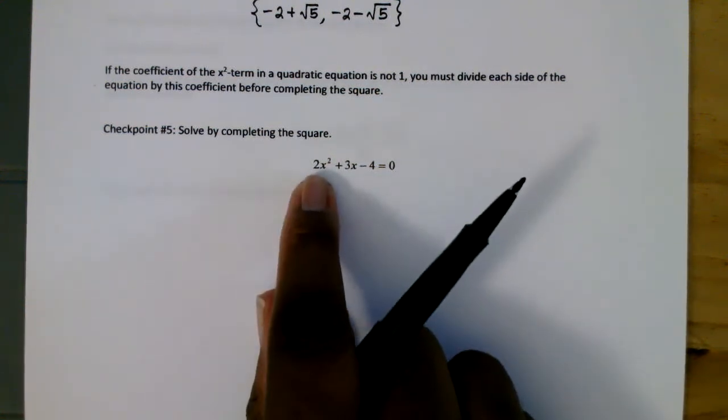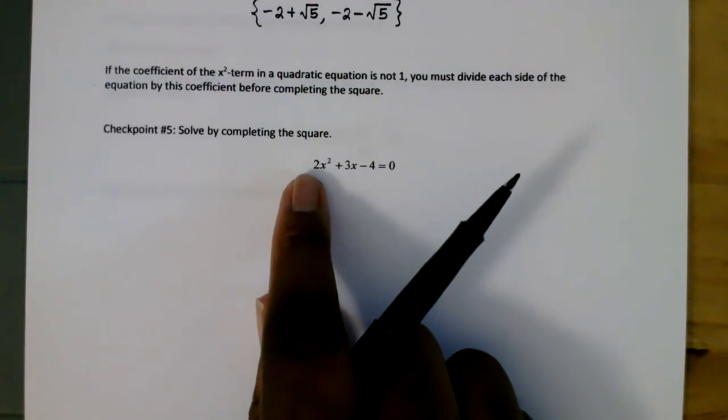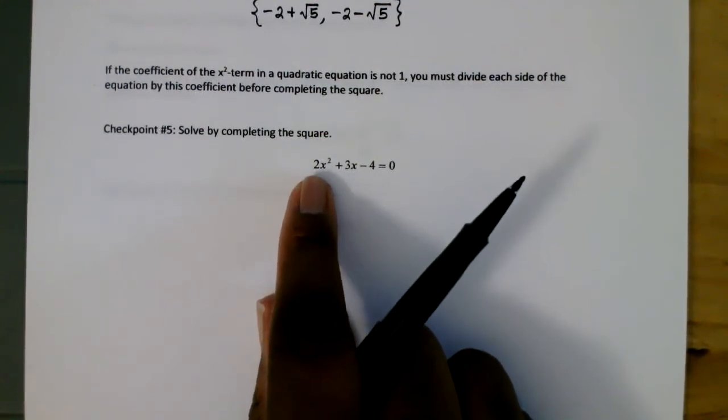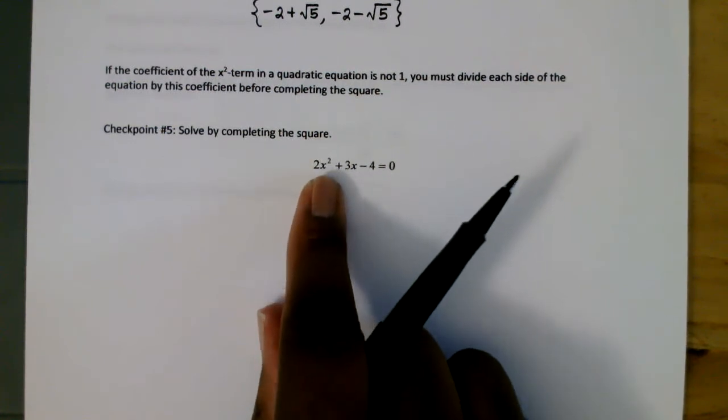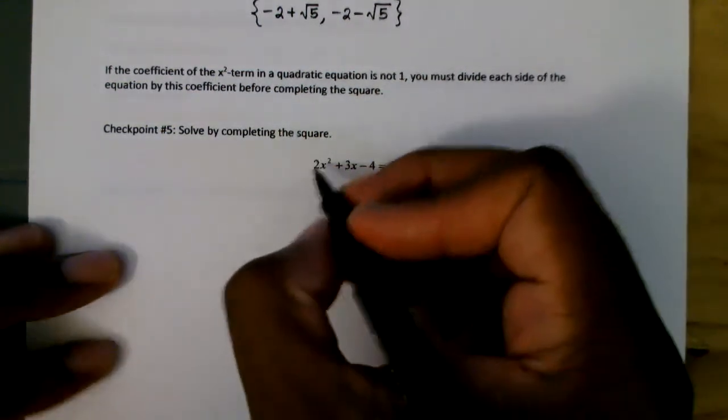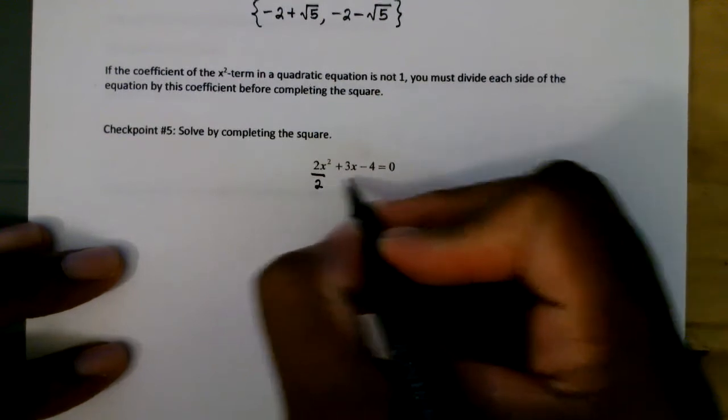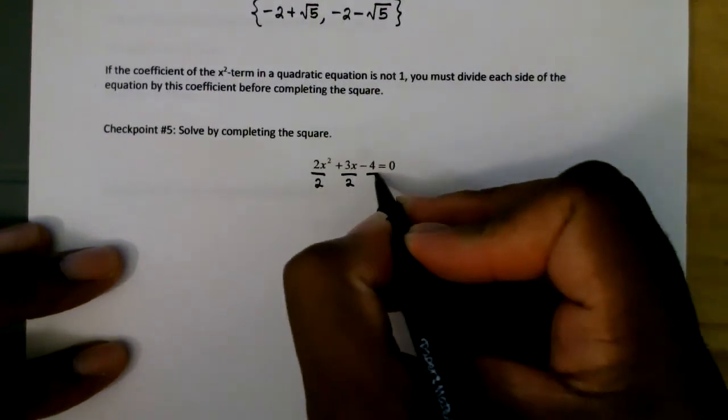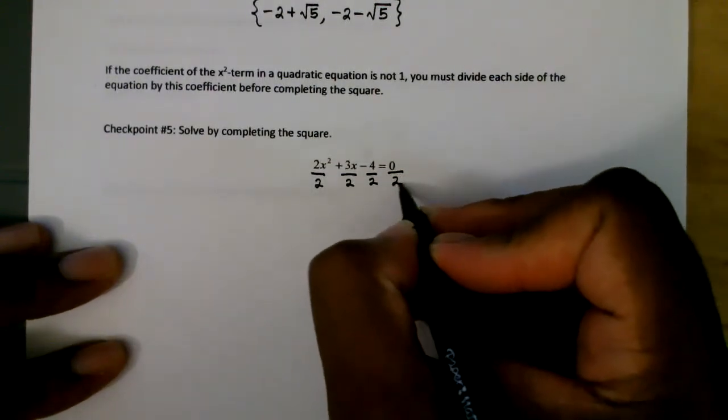Now, notice that the coefficient of the x squared is not a 1, it's a 2. We need to make that a 1x squared coefficient. So to do that, I need to divide each and every term in this quadratic equation by 2.